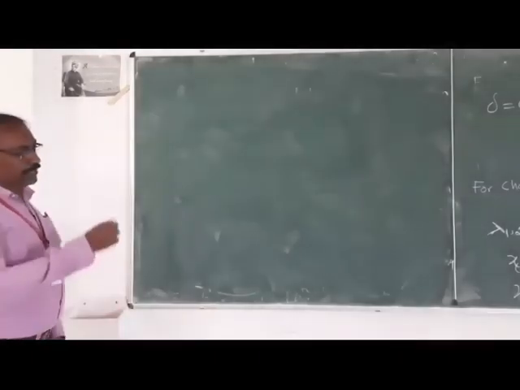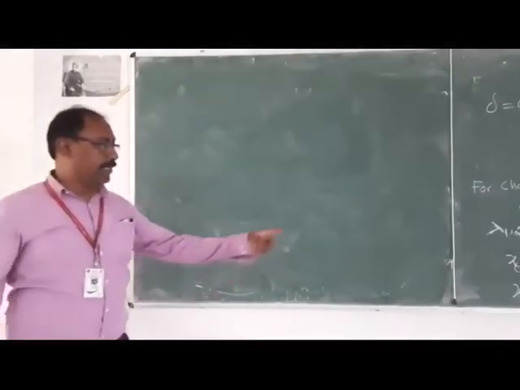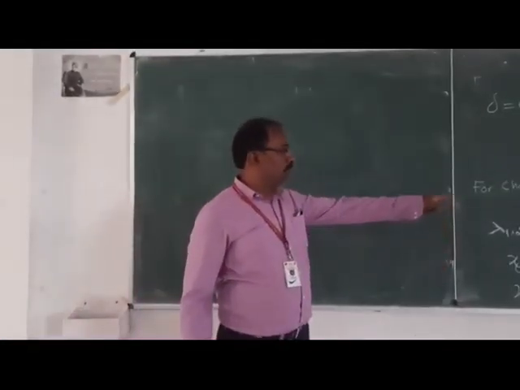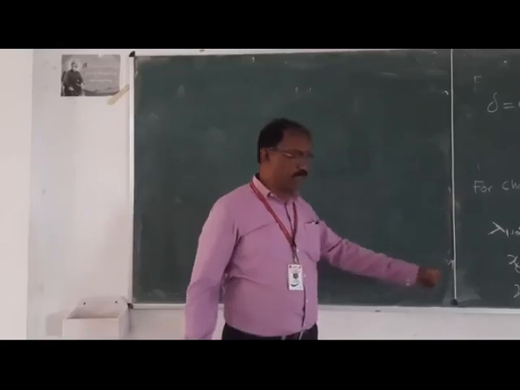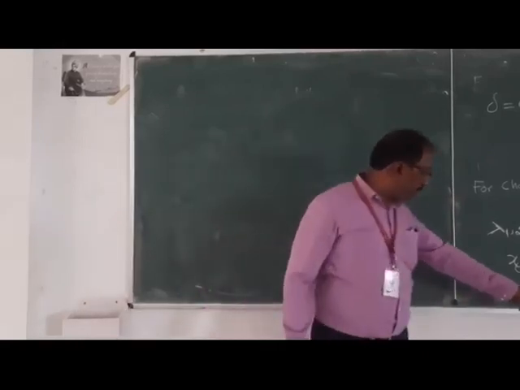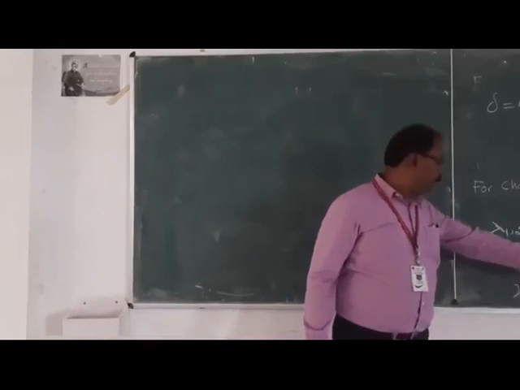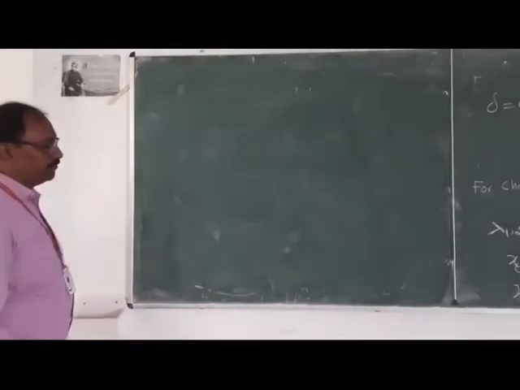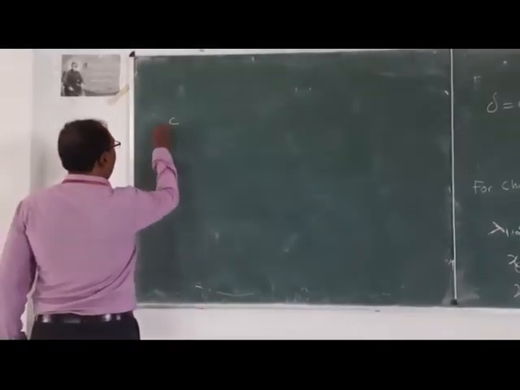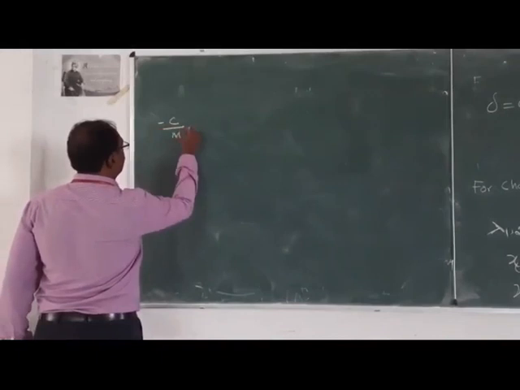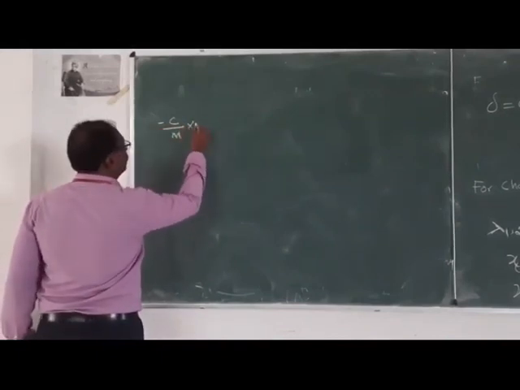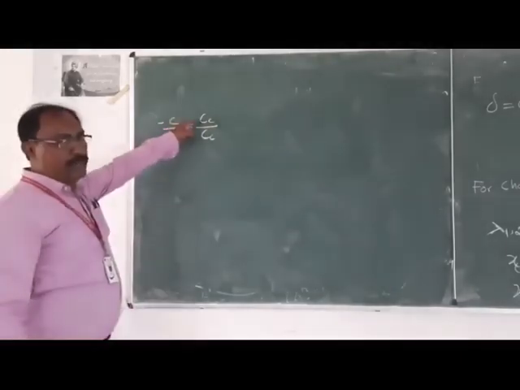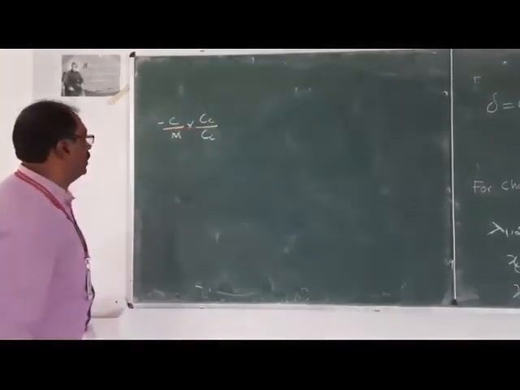Dear students, because the roots are equal and real, the equation will be e to the power minus c by 2m t, within the bracket A plus Bt. That is equation number 9. I am taking the minus c by m, and multiplying c by Cc in the numerator and denominator.